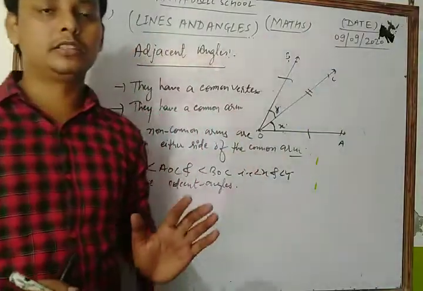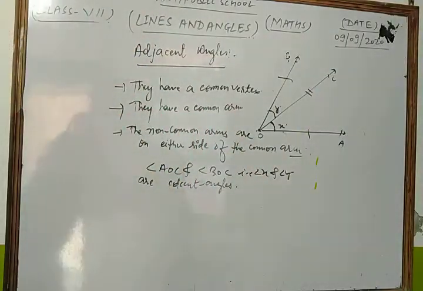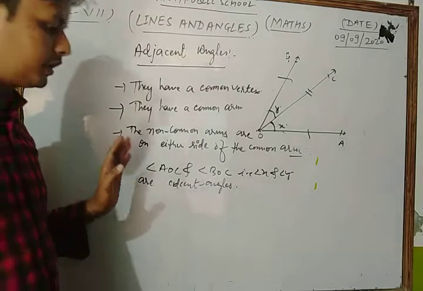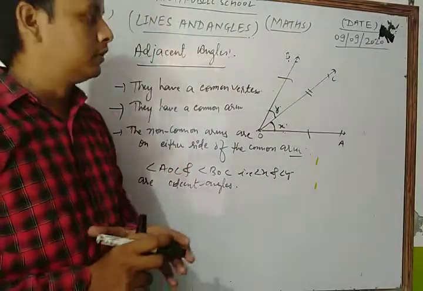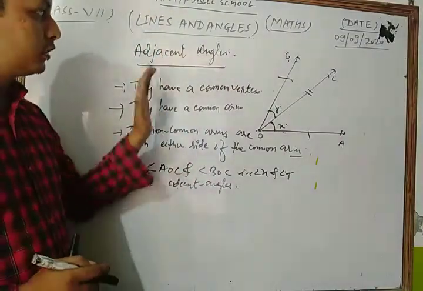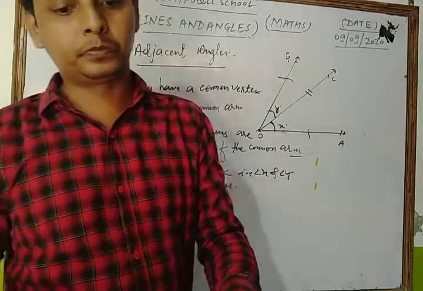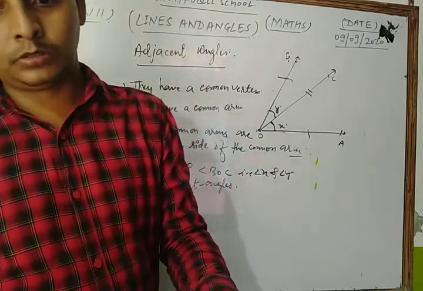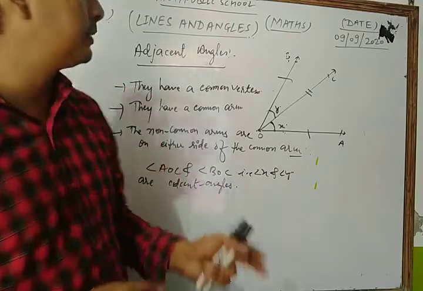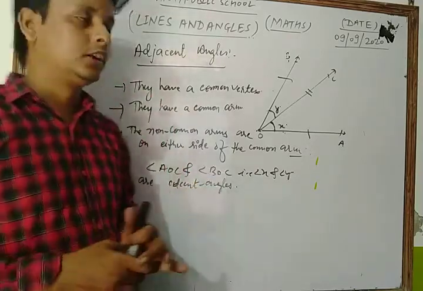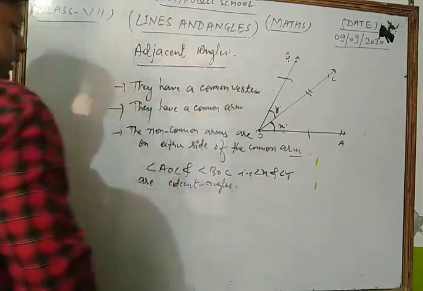Now dear student, this concept is clear. This is one of the most important topics of your syllabus, so please concentrate. Now we discuss the next topic, which is linear pair. Adjacent angles are clear, right? Now we discuss the linear pair.